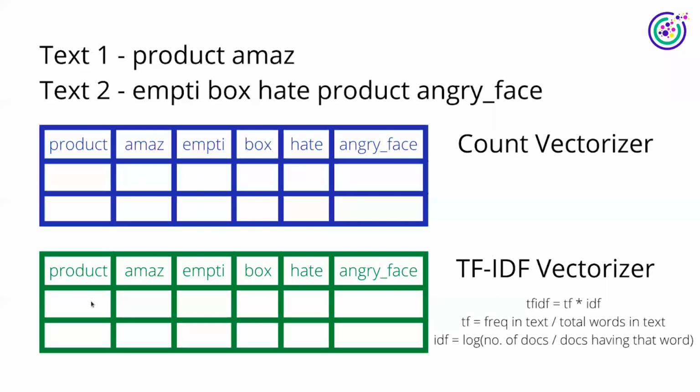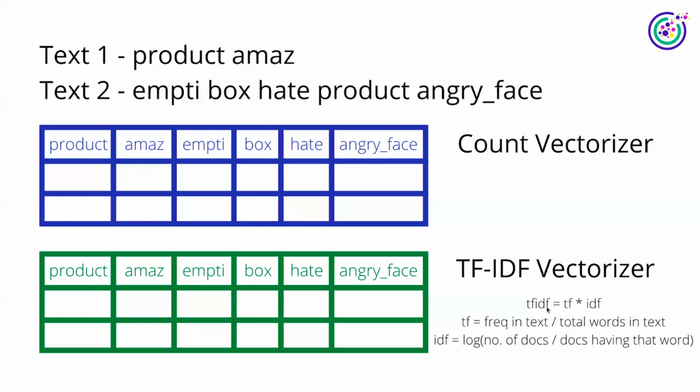And same for TF-IDF vectorizer. The first entry is going to tell you about the vector form of text one after converting it with TF-IDF vectorizer, and the second entry will be the text two representation using TF-IDF vectorizer.